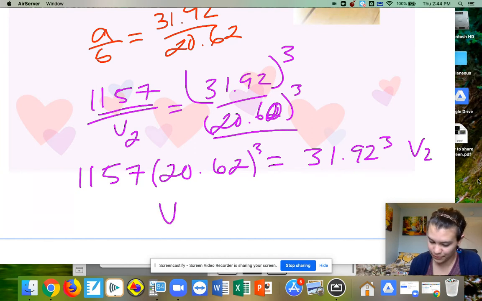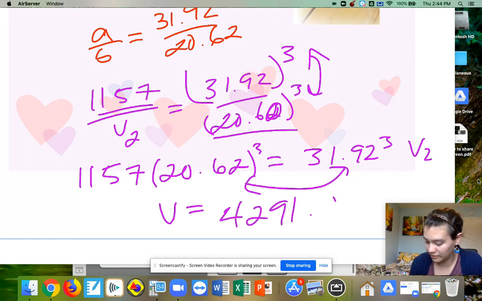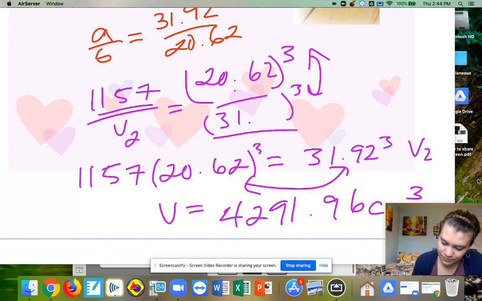And your volume should be, I did this backwards. You should flip these to the smaller on top. So these two numbers can be flipped. And you'll get 429.96 meters cubed. So again, flip these and put the 20.62 on top because it's the smaller number.